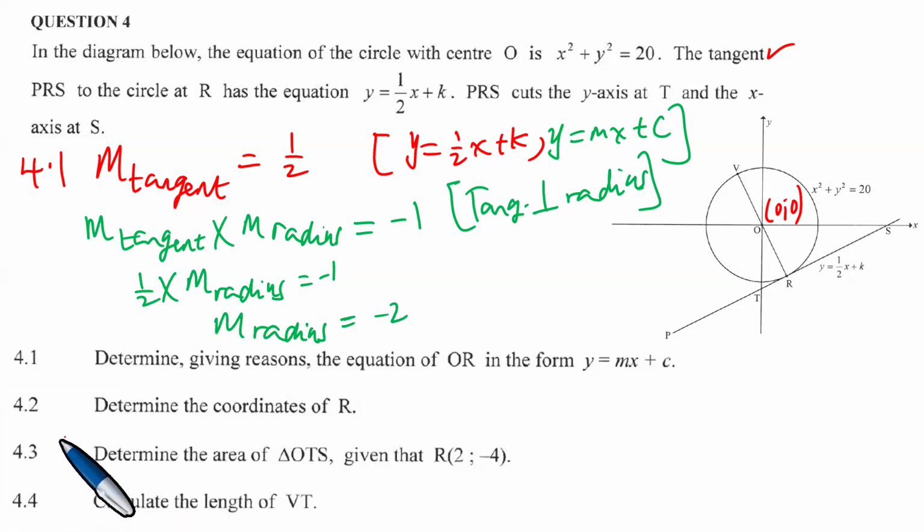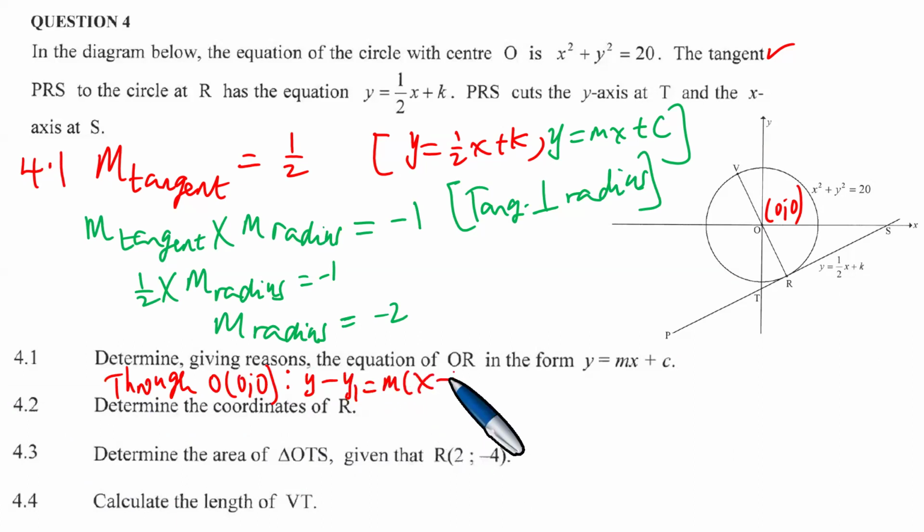So in the end, we want to determine, giving reasons, the equation of OR. The equation of OR passes through the origin. y minus y1 equals m into x minus x1.